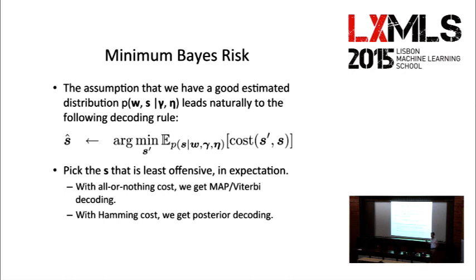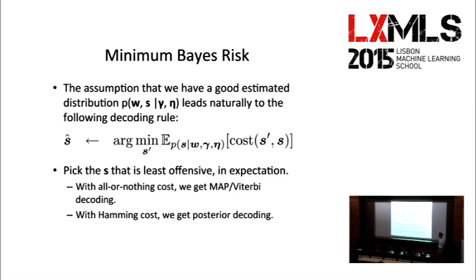So the general framework that describes both of these is called minimum Bayes risk. The assumption that you have a good estimated distribution will lead naturally to a decoding rule where you pick a state sequence, S hat, to minimize the expected value of the cost, whether the cost is all or nothing, or Hamming, or something else.